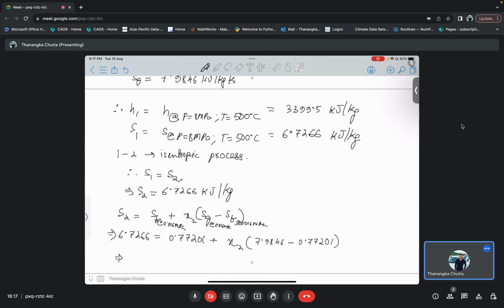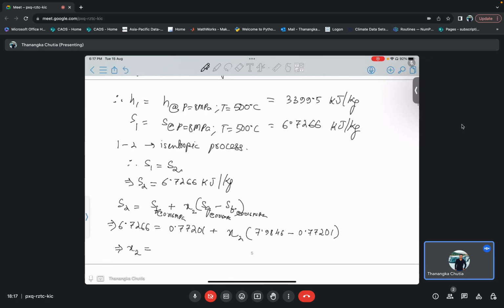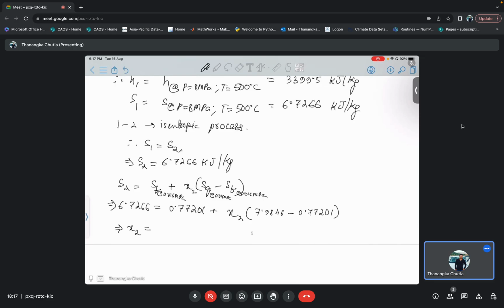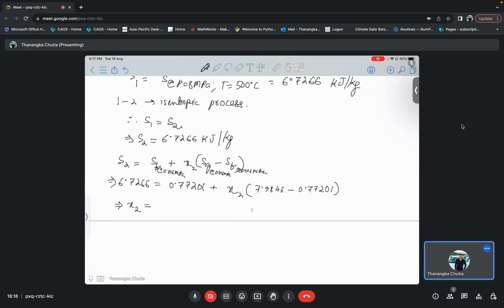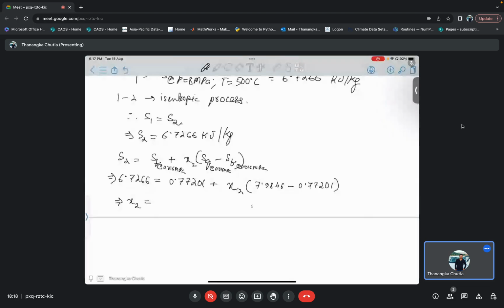So from here my quality of the steam at the exit of the turbine is X2 equals 0.82.